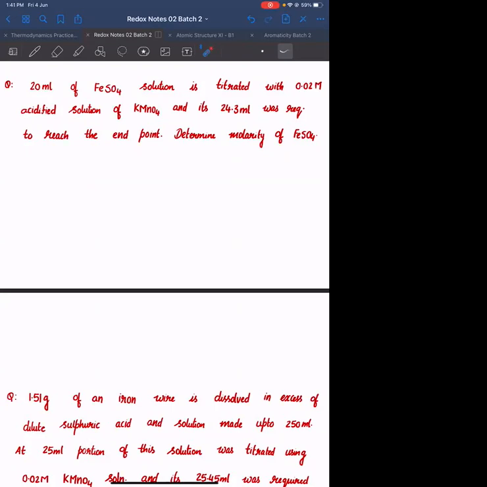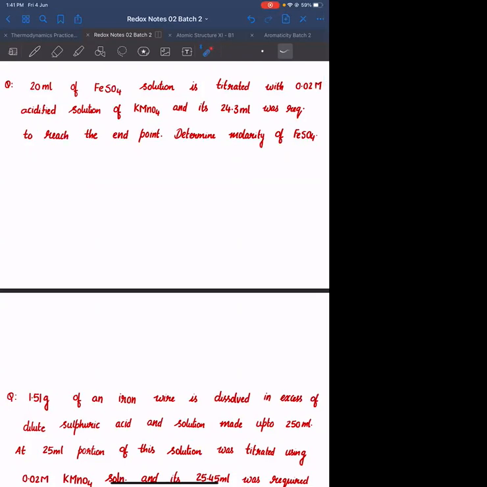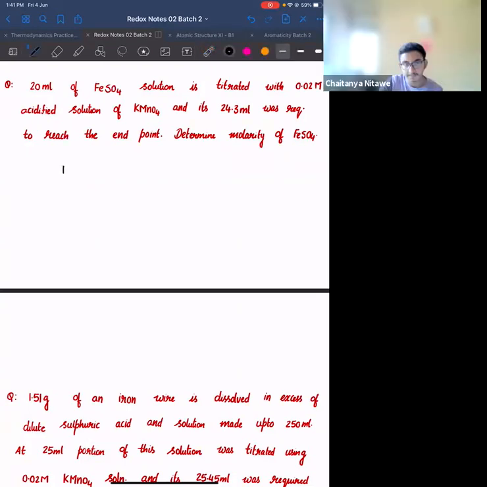KMnO4: they are saying an acidified solution of KMnO4, in acidic medium. What is the Z factor of KMnO4? It is 5. That means KMnO4 will be converting into Mn2+. Band 153, you need to remember that. And in the FeSO4 reaction, what do you need to think?